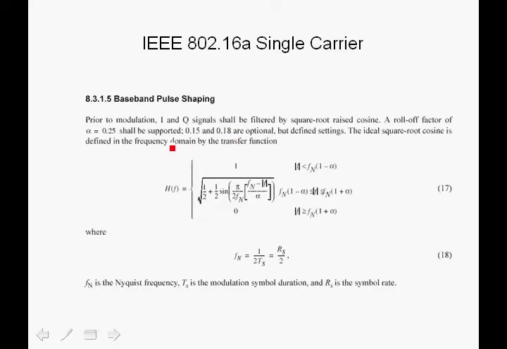And for the I and Q signals, they use a square root raised cosine filter to do pulse shaping, and a roll-off factor equal to 0.25 is used. And as an option, you can use roll-off factors equal to 0.15 and 0.18. So these, of course, result in higher throughputs.